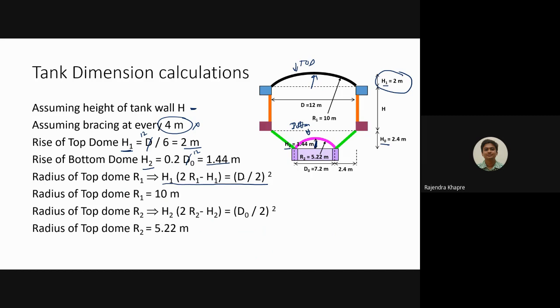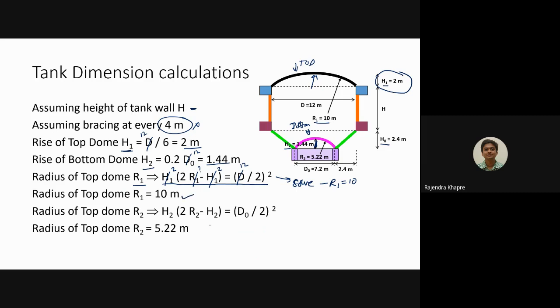The radius of the top dome is r1, and h1 is the height of the top dome, which is 2 meters. The r1 value is unknown, and the diameter of the top dome is 12 meters. If you solve this, you get r1 as 10 meters, as shown.